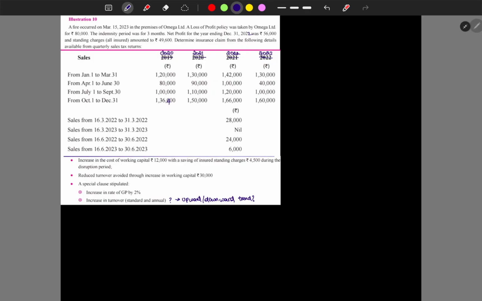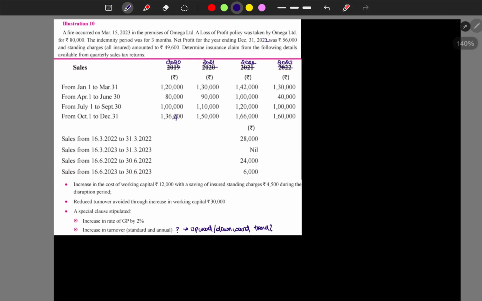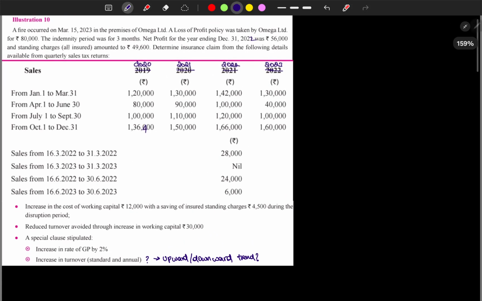You can see illustration 10 is completed with this area, but just for our comprehensive understanding I have added a few line items from the previous problem, and we are going to work it out. And another thing I want to add is uninsured, which is rupees 6,000.